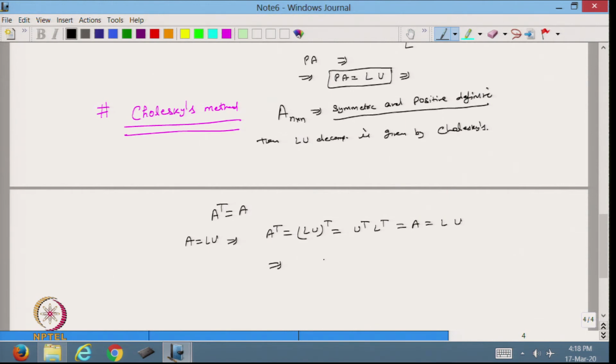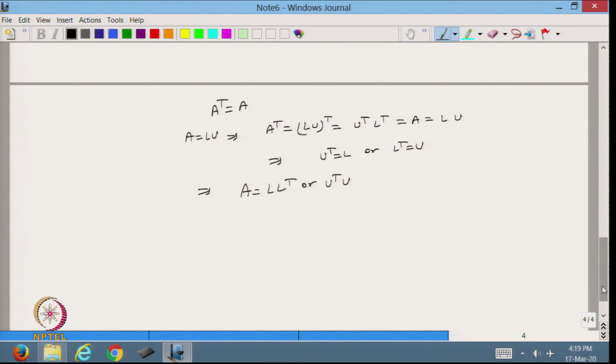So, from here I can say that either U transpose is equal to L or L transpose is equal to U. So, from here I can say that my matrix A can be decomposed as L times L transpose or U transpose times U. So, in this case what is going to happen?